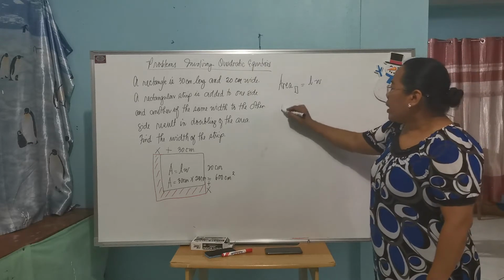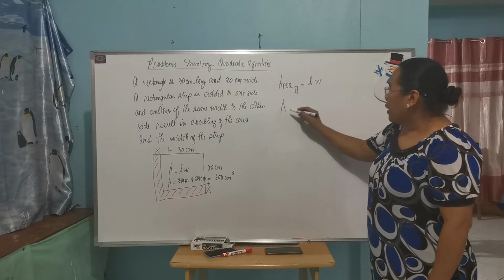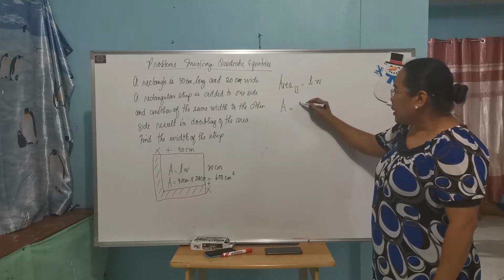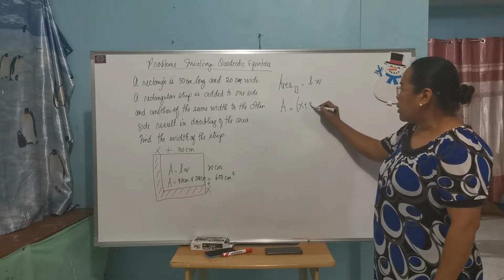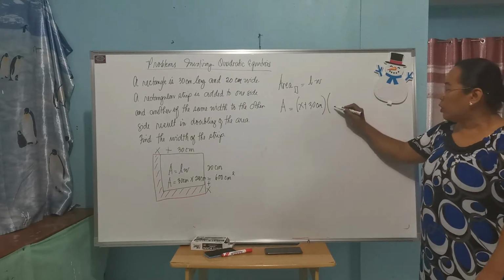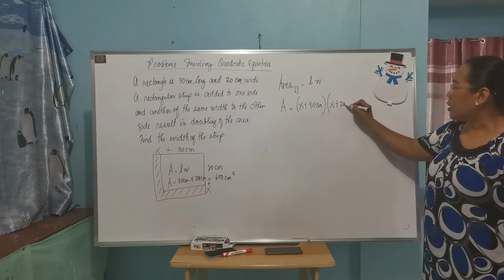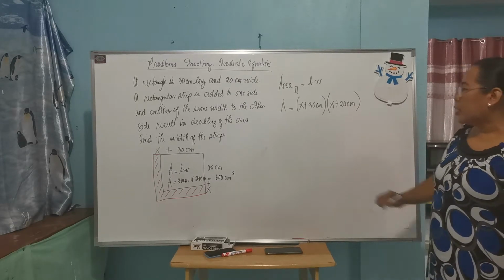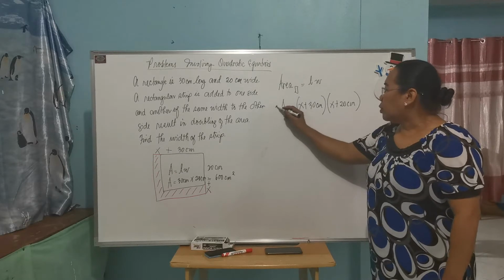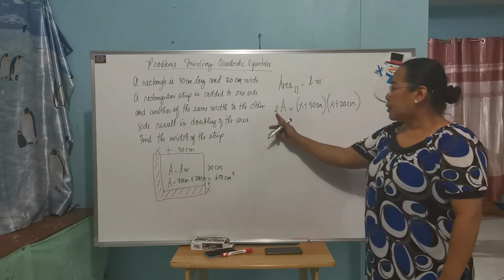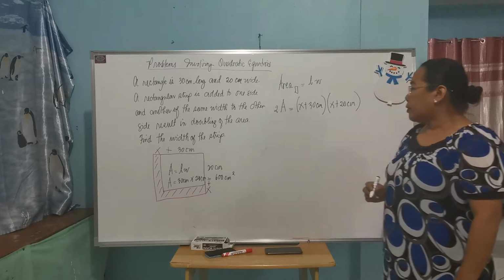So we have now your area is equal to your length, this time x plus 30 centimeters, and the width now is equal to x plus 20 centimeters. But as mentioned a while ago, this would result in doubling your area. So there is already your times 2.